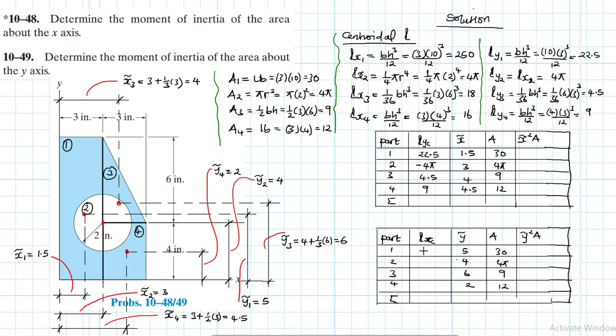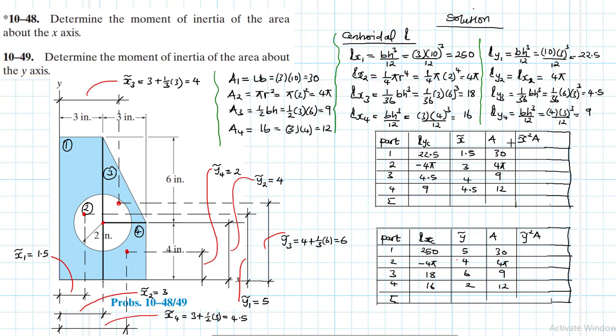And then here about the x-axis, we have a 250, 250, and then we have a minus 4 pi, and then we have 18 and later 15.